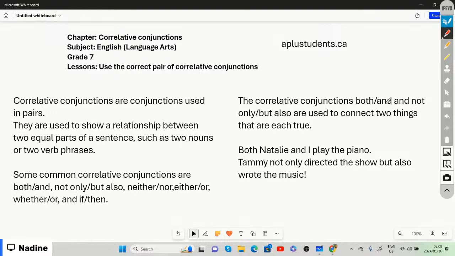So basically, correlative conjunctions are conjunctions that are used in pairs. And they are used to show a relationship between two equal parts of a sentence, such as two nouns or two verb phrases.